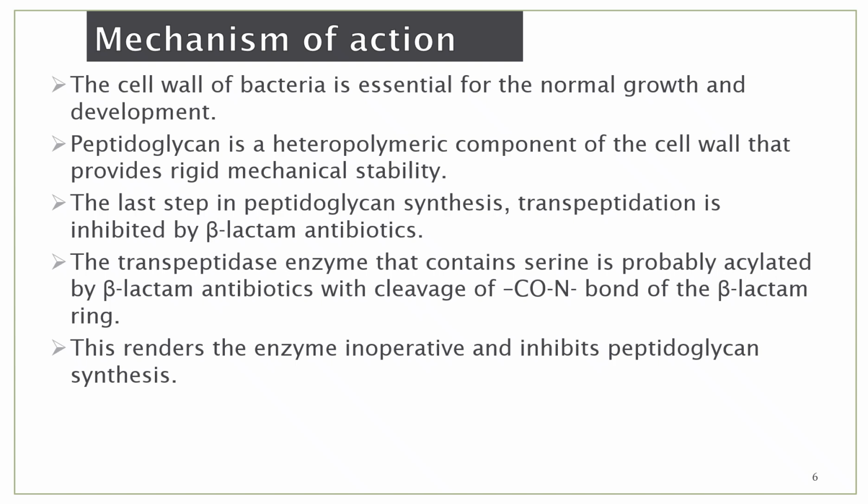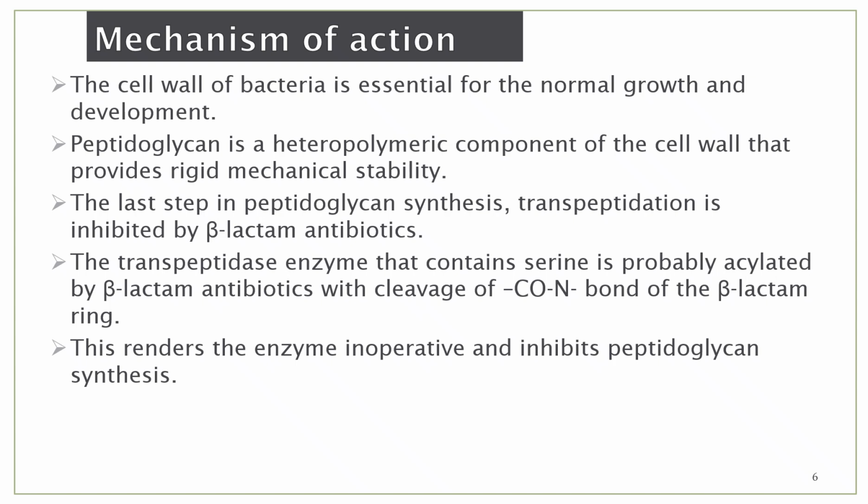Moving on to the mechanism of action of beta-lactam antibiotics. Beta-lactam antibiotics are bactericidal and act by inhibiting the synthesis of the peptidoglycan layer of the bacterial cell wall. The cell wall of bacteria is essential for normal growth and development. Peptidoglycan is a heteropolymeric component of the cell wall that provides rigid mechanical stability.